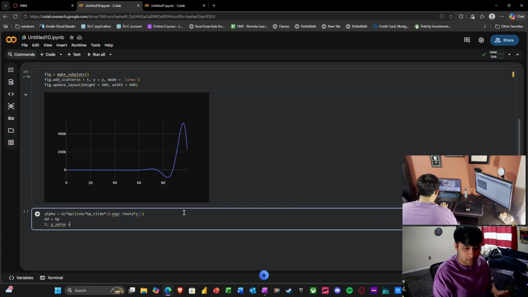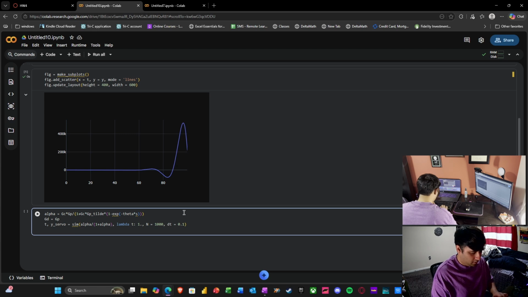However, we're going to do servo, and so this will be simulated by alpha divided by 1 plus alpha, and lambda t: 1, n equals 1000, and then dt equals 0.1, and then for dy, except this is disturb, it is basically the same thing, just a few differences, but for ease we're just going to do that.